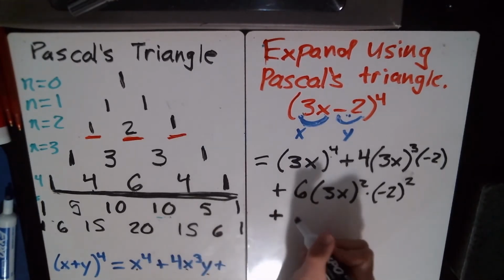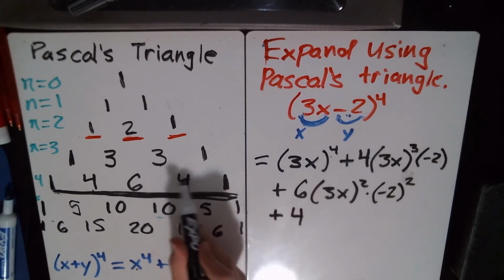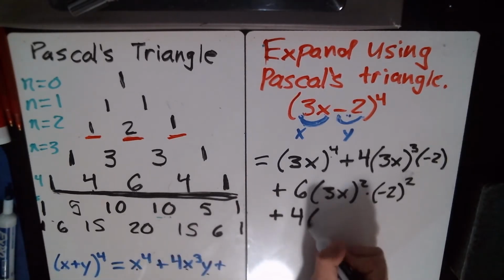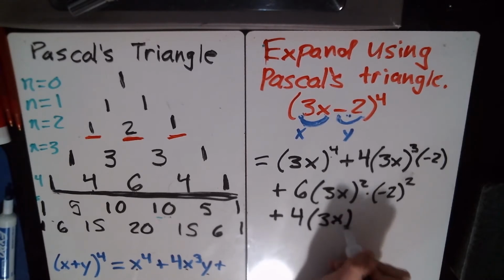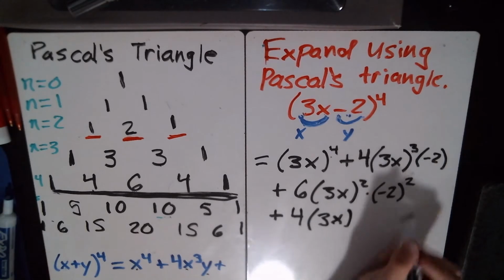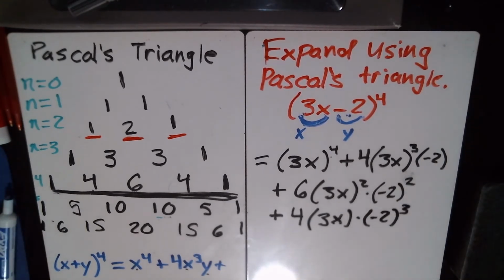Plus, we have 4, the next thing in Pascal's triangle, times 3x to the 1 power, since we decrease the power on that x, and then times -2 to the 3 power. We keep increasing the power on -2.